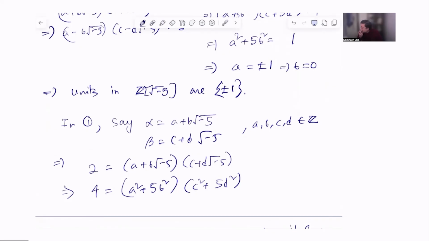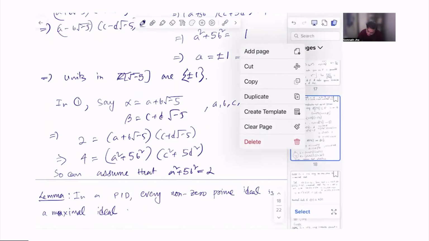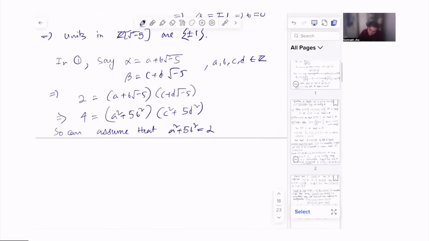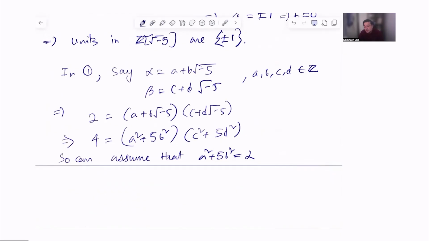Similarly, this cannot be 4. If this is 1, then again, we can assume, since we are trying to show that it is irreducible, that this is equal to 2. But then what is the possibility?